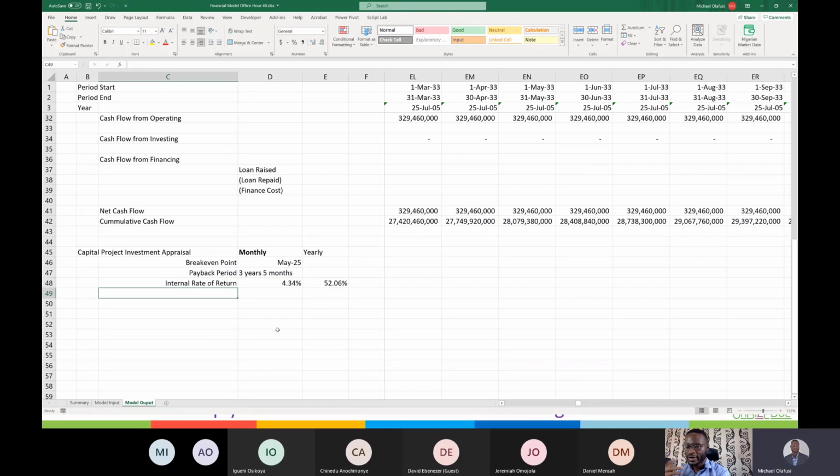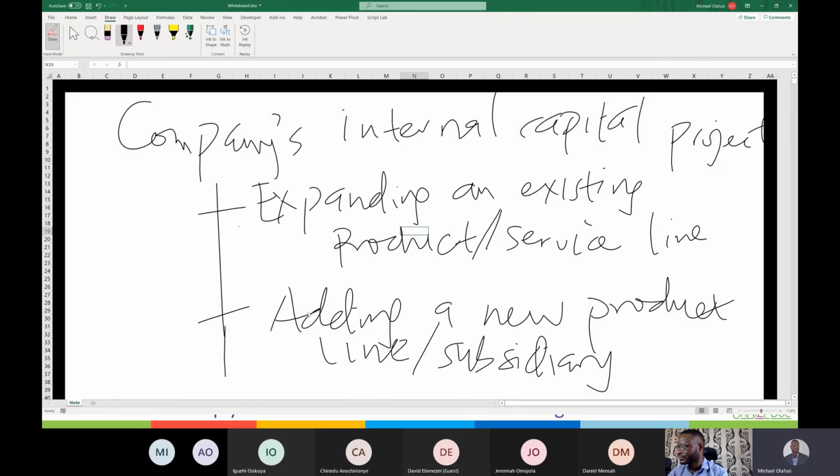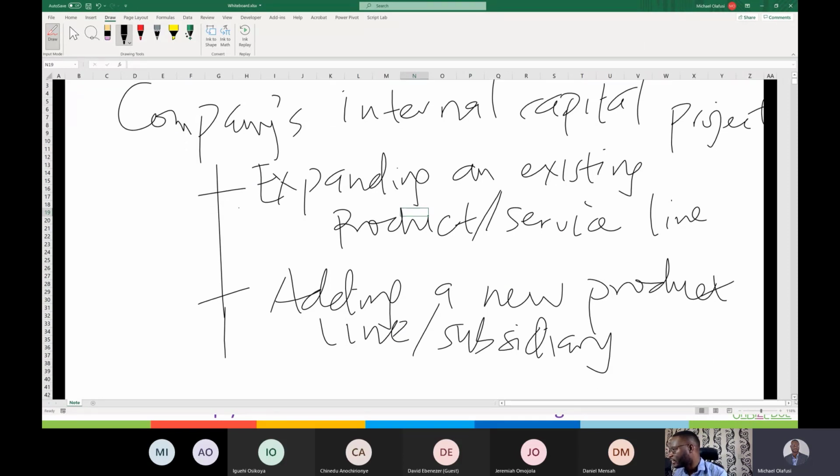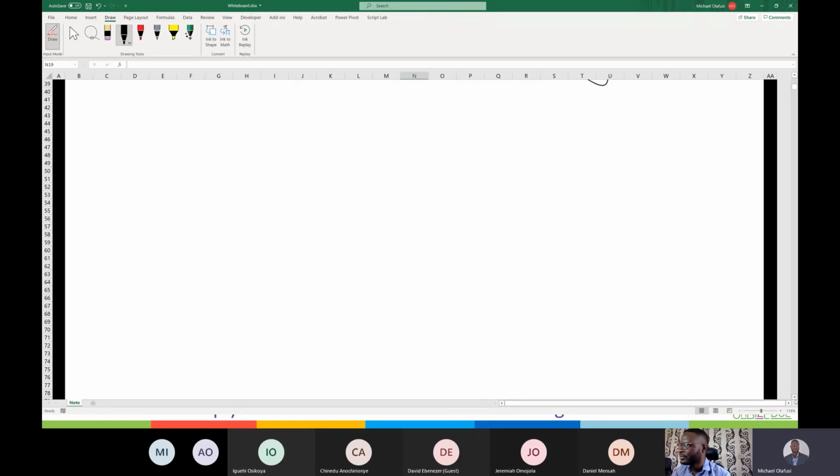What is your own cost of capital? What is your own expected return? So this is where I want to quickly explain the concept of expected return. So every person that wants to go into a project, be it a company, be it an individual, you have opportunity costs.